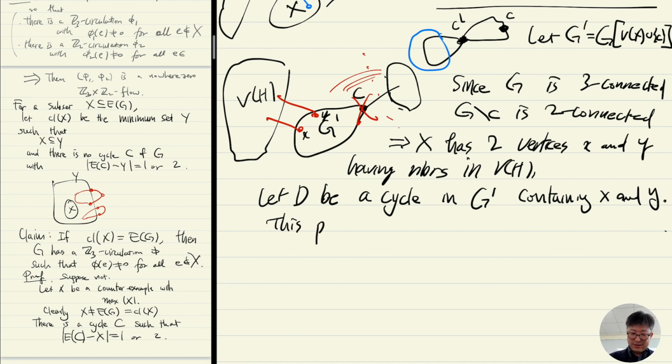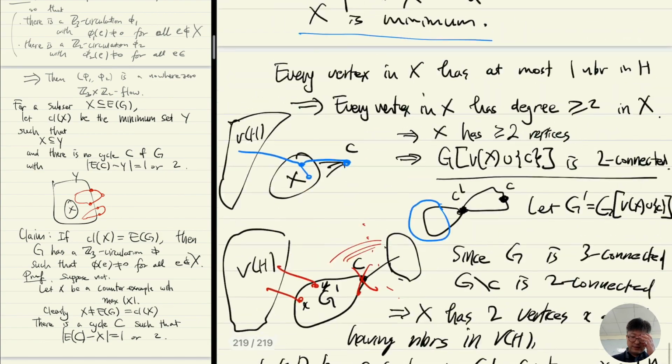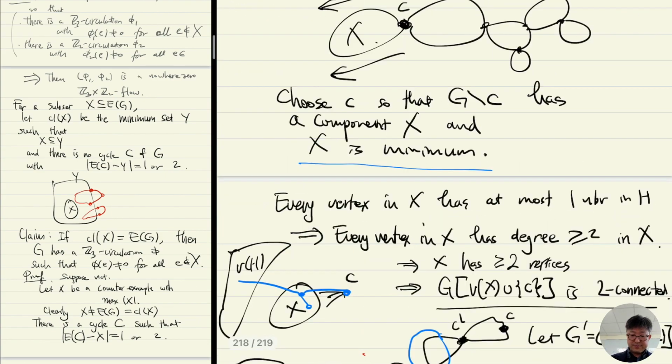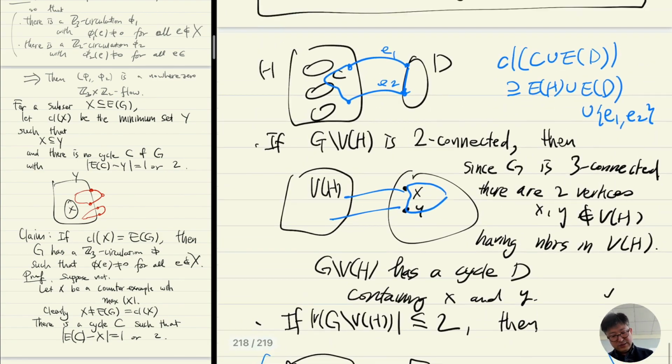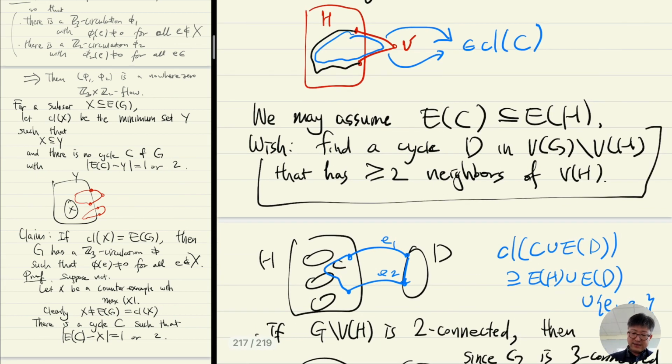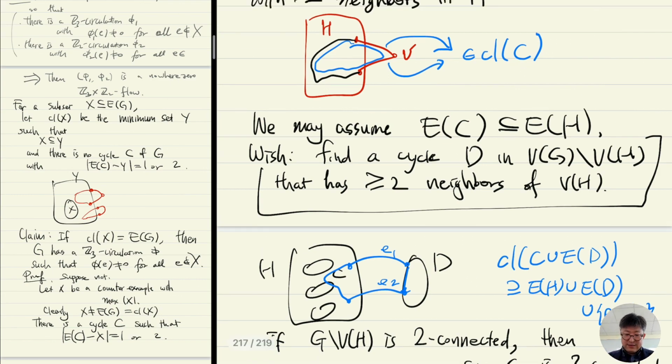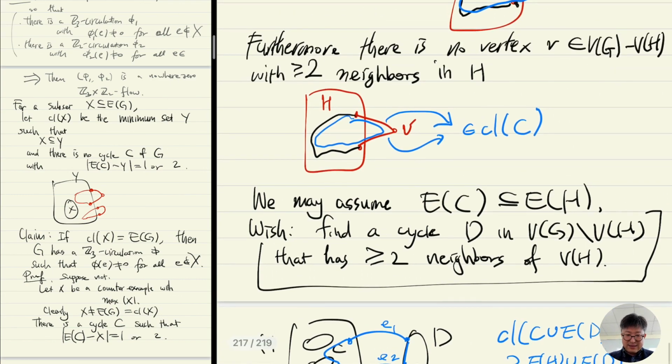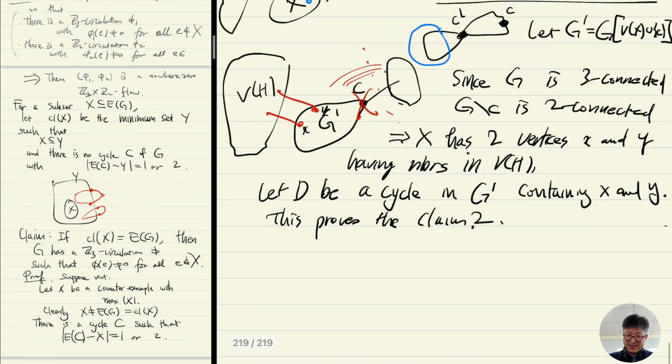Disprove the claim, right? Claim 2. So claim 2 is to show that, oh no, not claim 2. We find the cycle D. We prove this, and that means, okay, let me use the screen on the left.